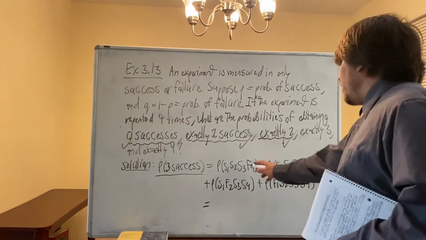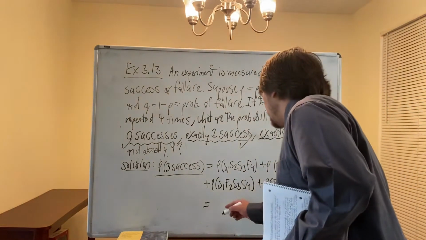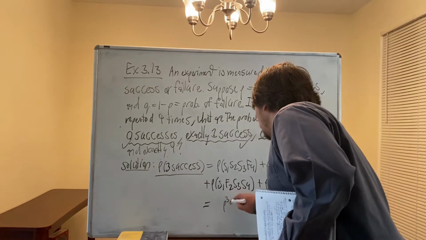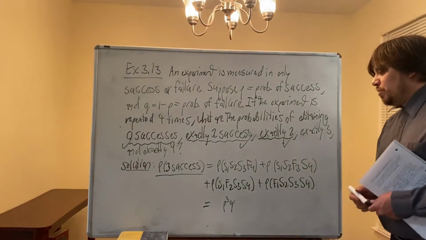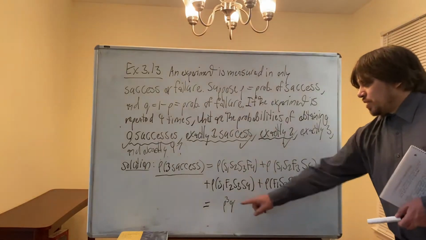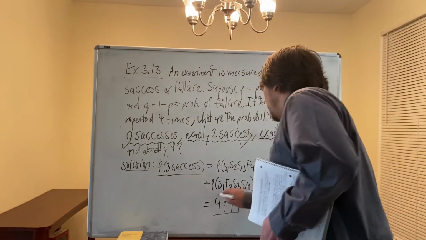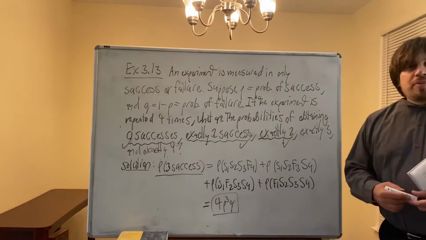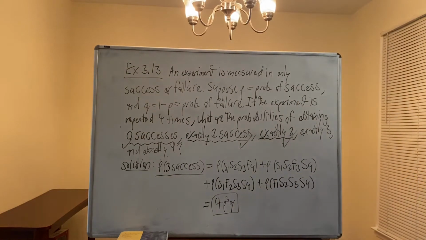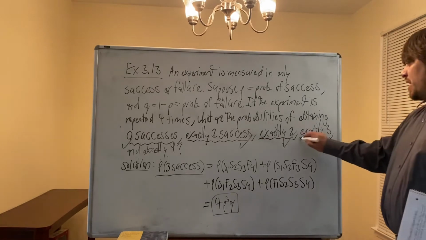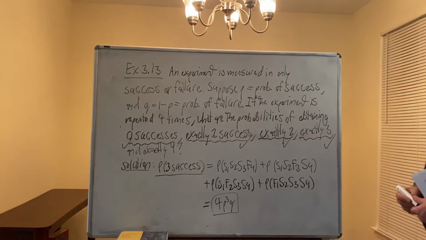Each one is failing once and succeeding 3 times. And so that would be p cubed times q to the first, which is q. P cubed q is each of them. 3 successes, 1 failure. And there's 4 of them. And so it would be 4 p cubed q. So the probability of 3 successes is 4 p cubed q.